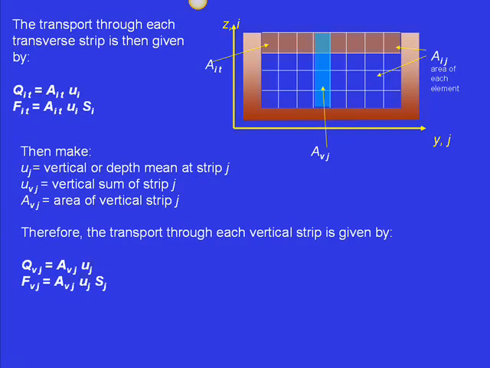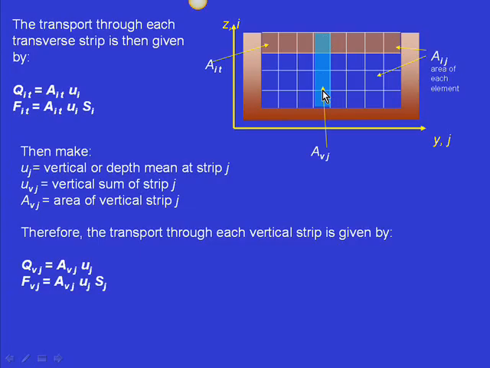So the transport through each column of water given by that strip will be the water transport, which is the area of that strip times the vertical average flow over there, and the salt flux will be again the water transport times the vertical average of the salinity of that strip.